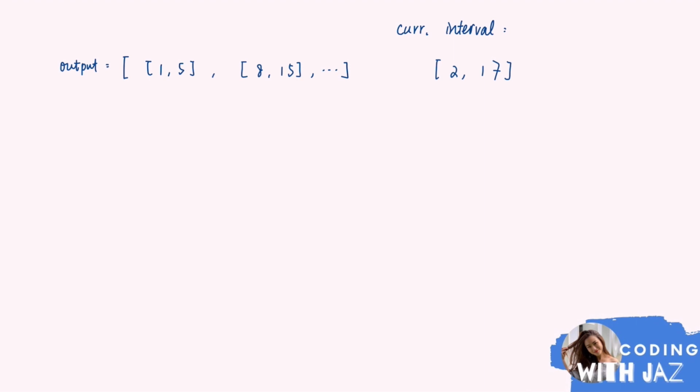There could be a chance where, for example, you have 1 to 5 and then 10 to 15 and maybe some other intervals in the output array, and then you want to see where to put this current interval, which is 2 to 17. Then you would have to loop through all the already computed intervals in your output array again to see where this new interval fits.